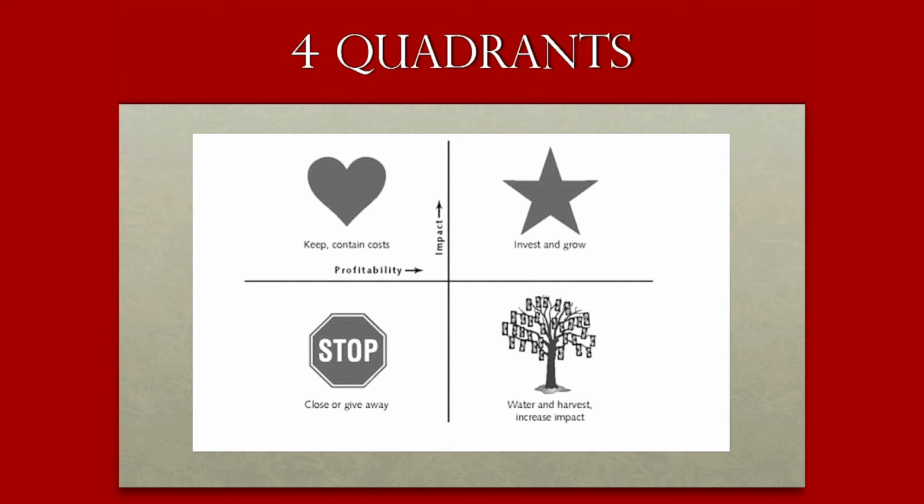The star is something that is both profitable and has high impact. And those are things that organizations should consider investing in or growing if appropriate. And the bottom quadrant, which is one that people sometimes philosophically have trouble with, is something that is incredibly profitable but is lower on the impact. And unfortunately, some people say, well, if it's not directly contributing to mission, we shouldn't do it.